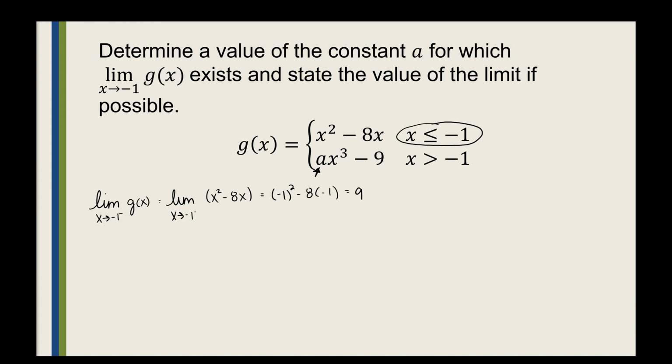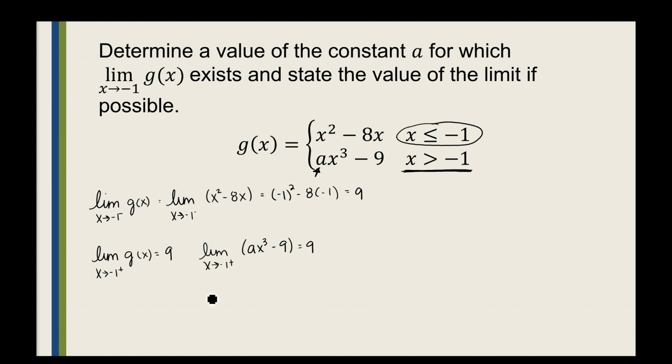Now, in order for this limit to exist, we would also need the limit as x approaches -1 from the right of g of x to equal 9. So that means we would need the limit as x approaches -1 from the right of ax cubed minus 9 to equal 9. Because if we're approaching from the right, the x values will be greater than -1.